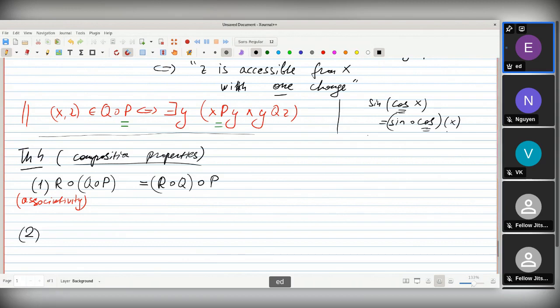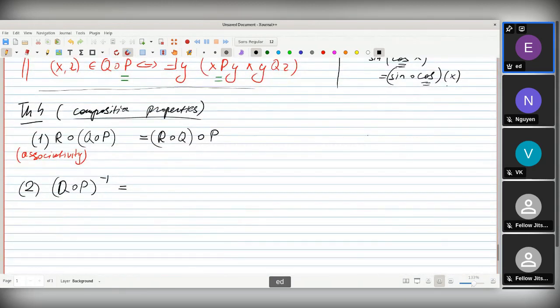And the second statement is about the conversion. What if I convert this composition? What is the result of the conversion for the composition? Do you know it? The conversion of Q composed with the conversion of P. So yes, you should convert both relations, but change the order in composition.